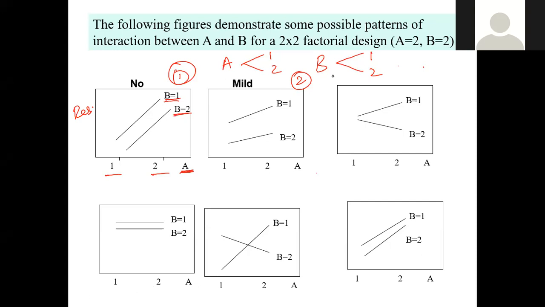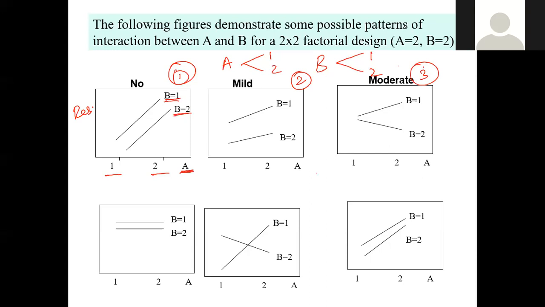What about case number 3? Case number 3 has some level of interaction, which we call moderate interaction. What about the 4th one?